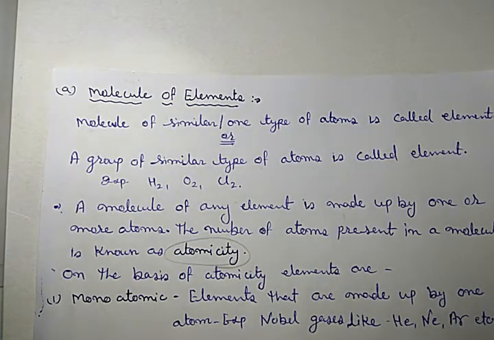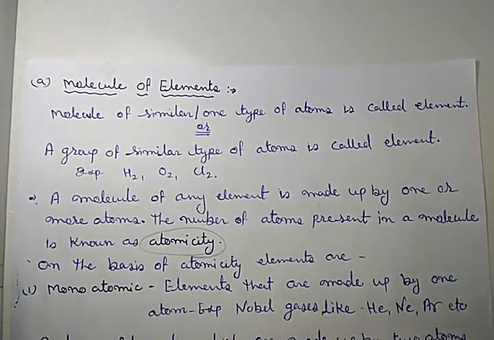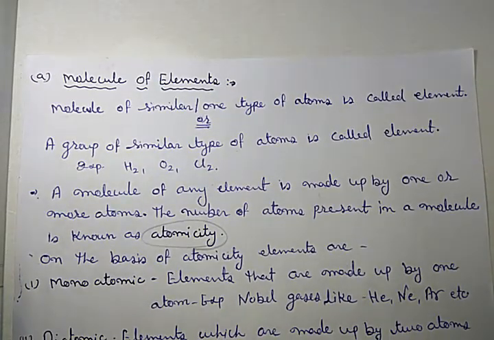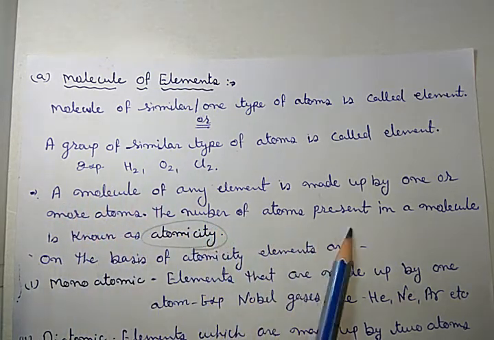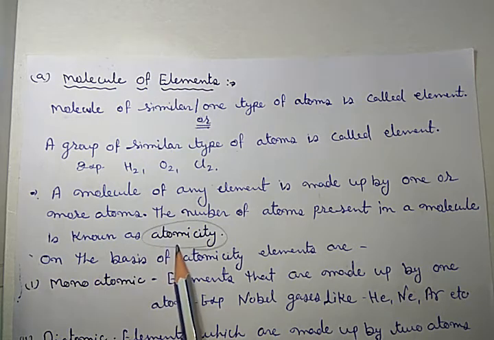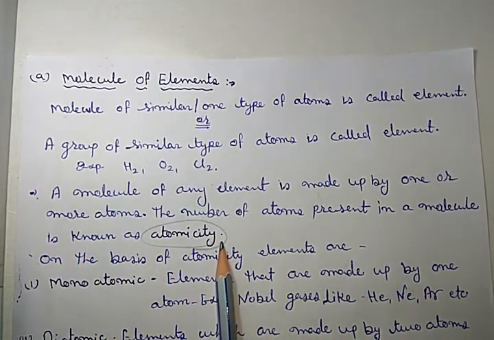The number of atoms present in a molecule of an element is known as its atomicity.